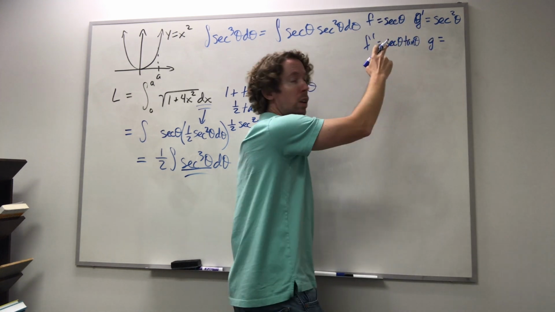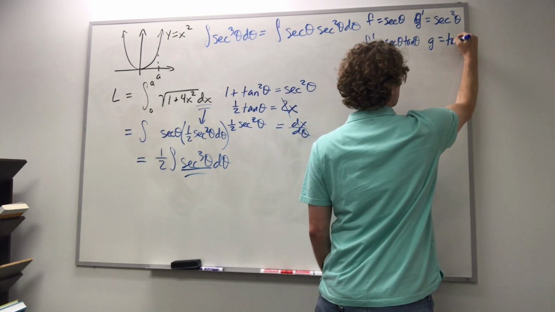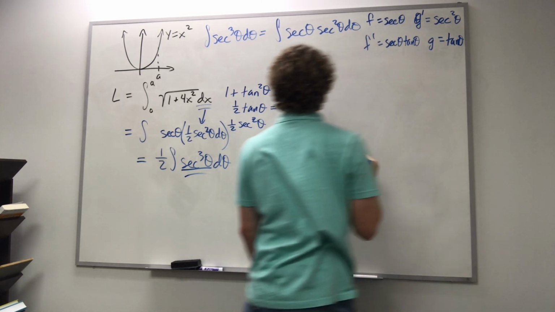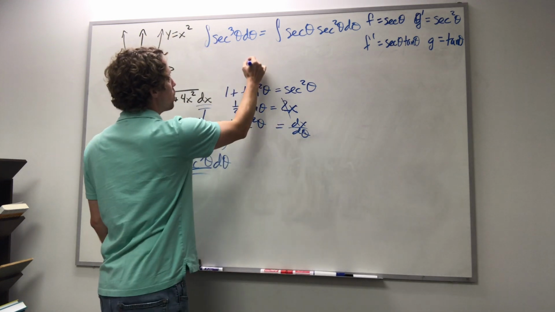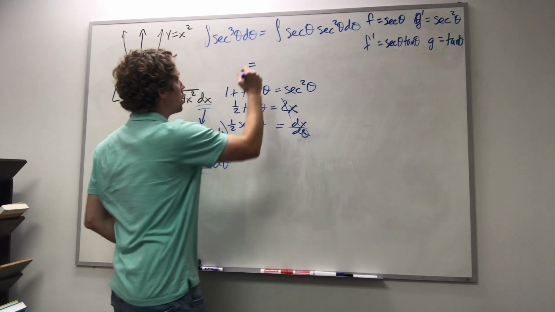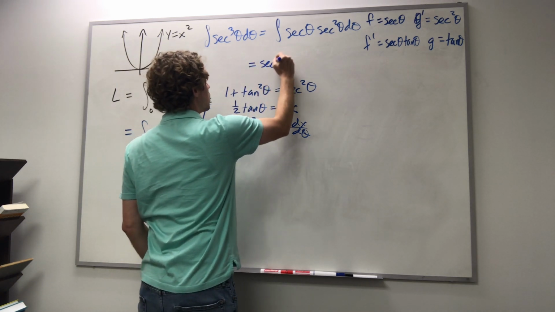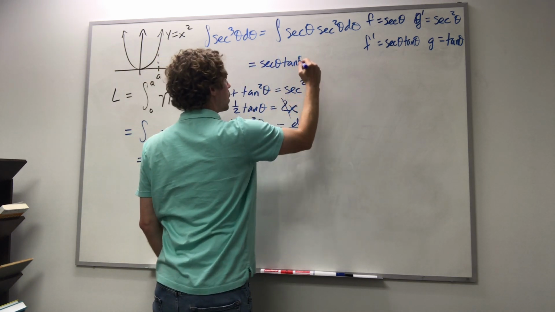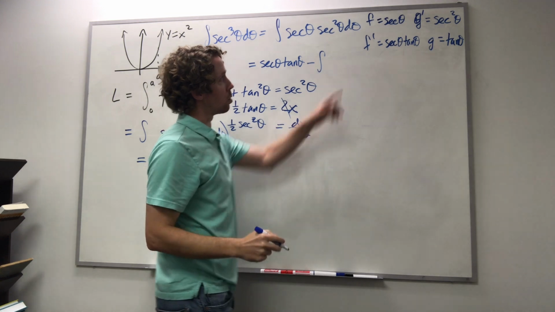The antiderivative here is tangent. So integration by parts tells me I get f times g minus the integral of f prime g.